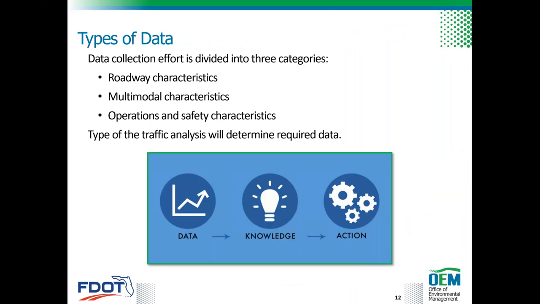The data collection effort can be divided into 3 categories: roadway characteristics, that includes, of course, number of lanes, lane width, the presence of bike and pedestrian facilities, shoulder width, lateral clearances, railroad crossings; also the multimodal characteristics of the facility, that includes volumes, truck percentages, pedestrian counts; and in addition, operations and safety characteristics.